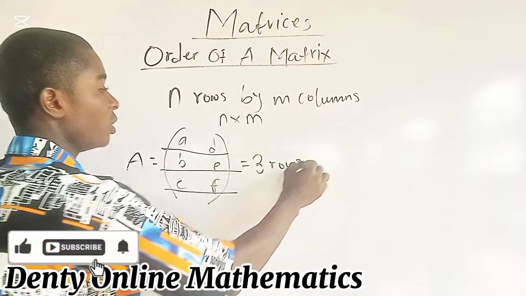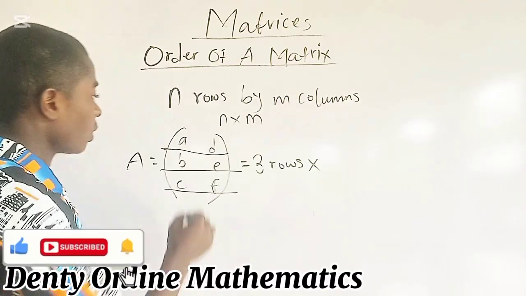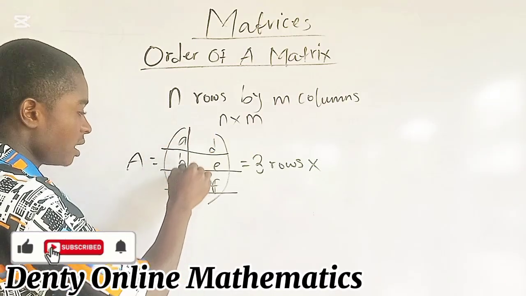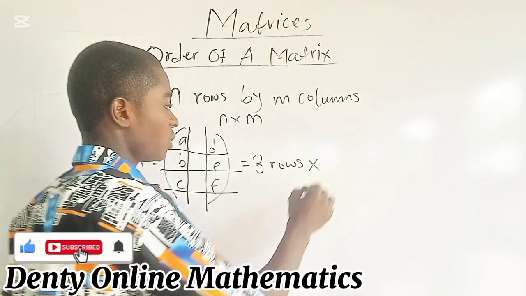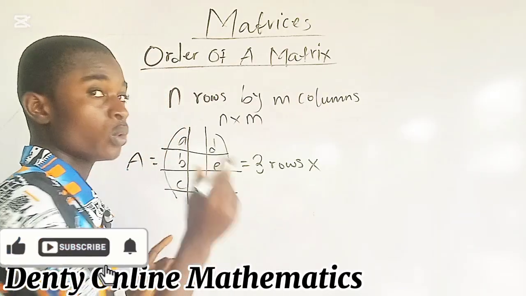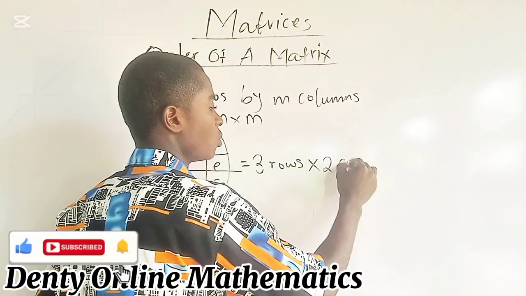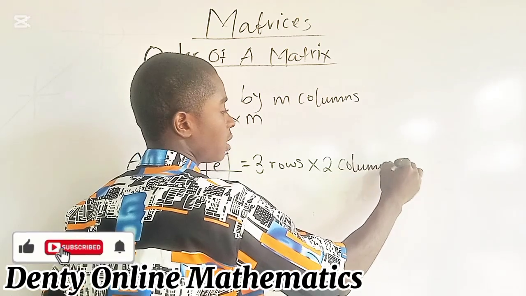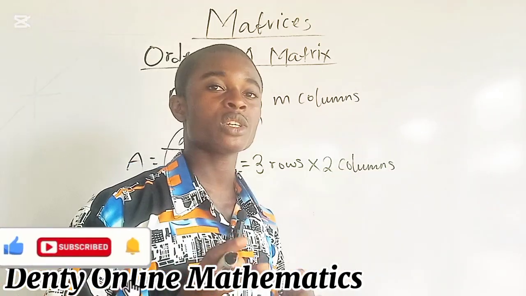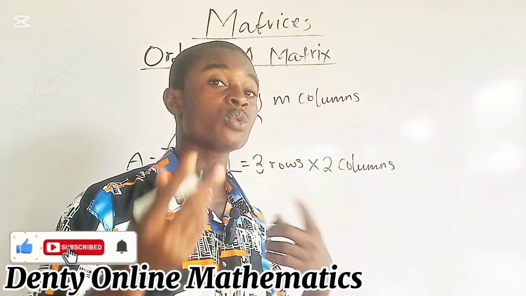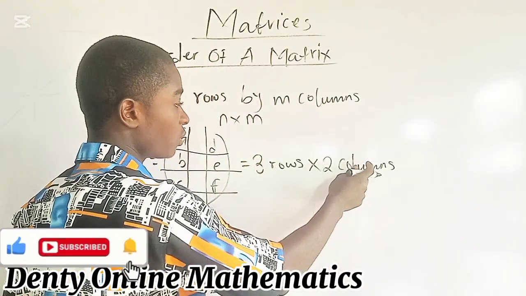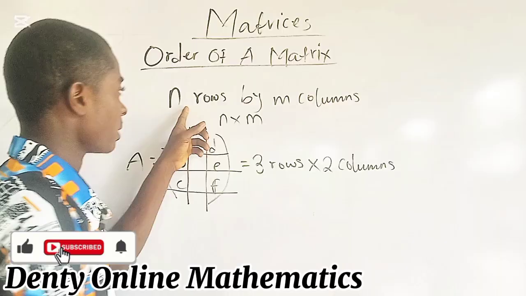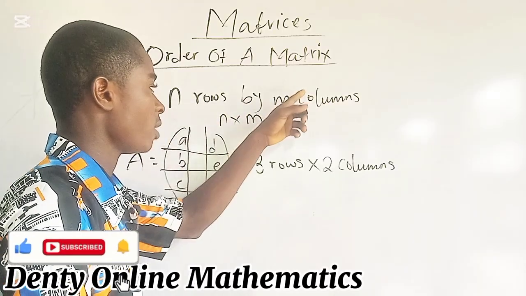Not just rows, we need to know the columns. Now, how many columns? A, B, C is 1 column. D, E, F is another column. So we have 1 and 2 columns. So this is 2 columns. And take note, we said a matrix is represented in rows and what? Columns. So if we have 3 rows and we have 2 columns, we said it's represented by n rows by m columns.